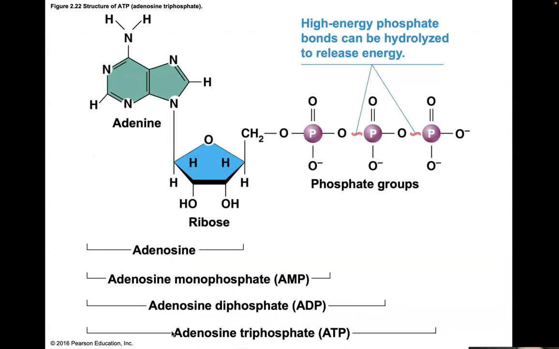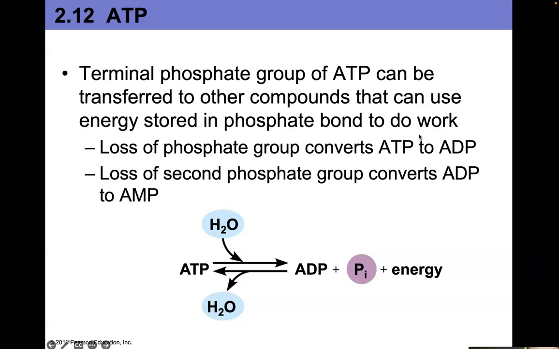That's what stores the energy that all of our cells need. Those high energy bonds are why ATP is the energy currency of our cell. Okay, so these are the high energy phosphate bonds that we can actually hydrolyze to release energy. Okay. And so that's just showing that reaction as we break down those bonds.